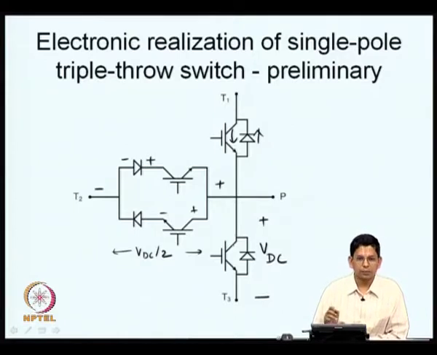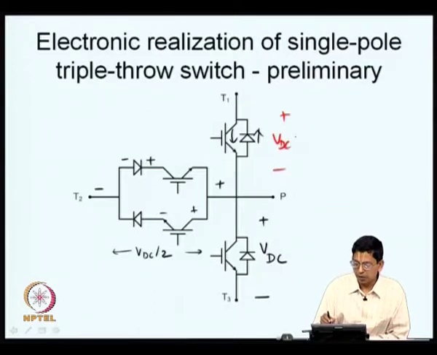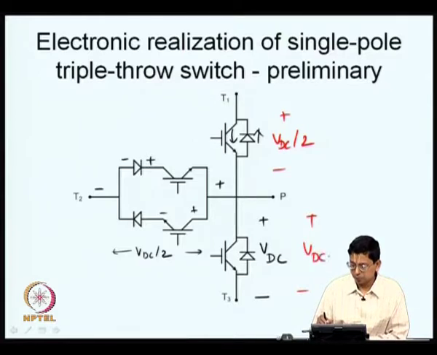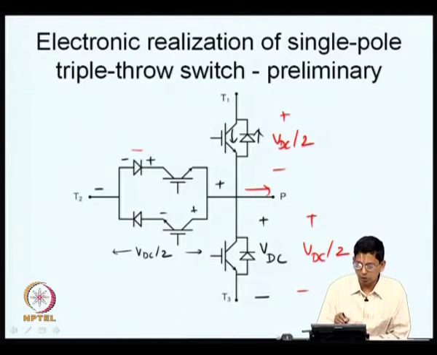So, T1 and T2 are in the off condition. In such a scenario, what you will find is both these will be blocking some potentials equal to VDC by 2, and the conduction depends on the direction of current. If I say this is the direction of current, then the current will flow through this arm.